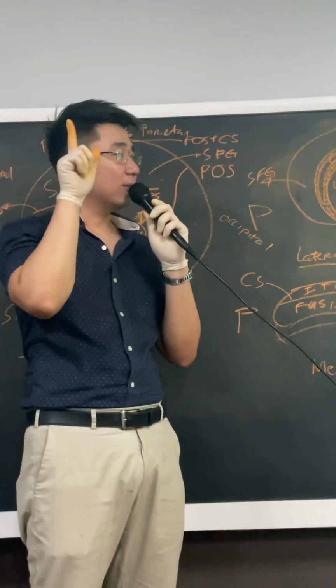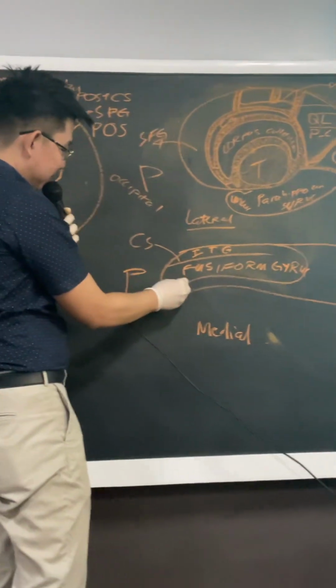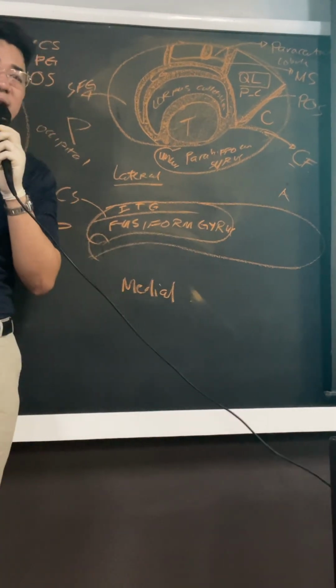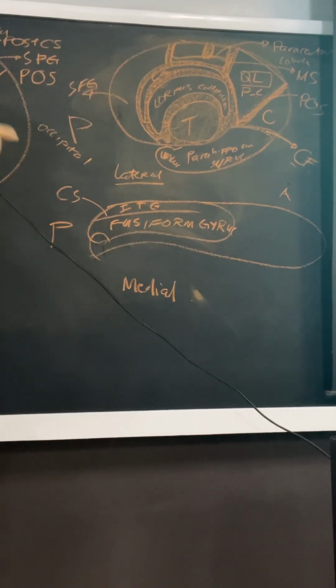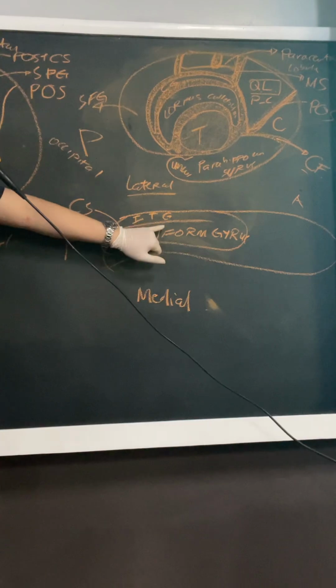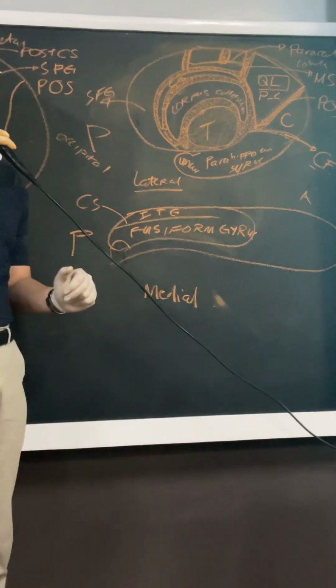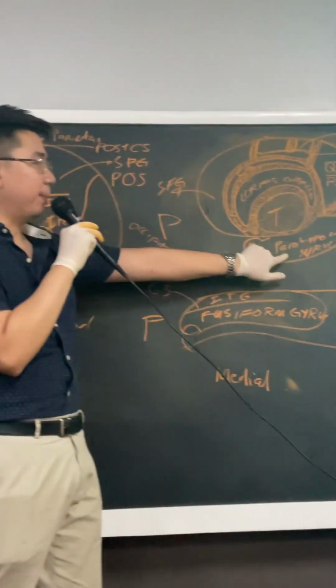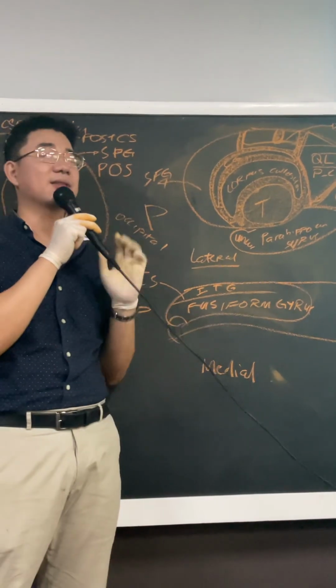The parieto-occipital gyrus is actually located just behind the fusiform gyrus. But in this form, if I tag this gyrus, it's known as the fusiform gyrus. Then after that will be your parahippocampal gyrus and uncus.